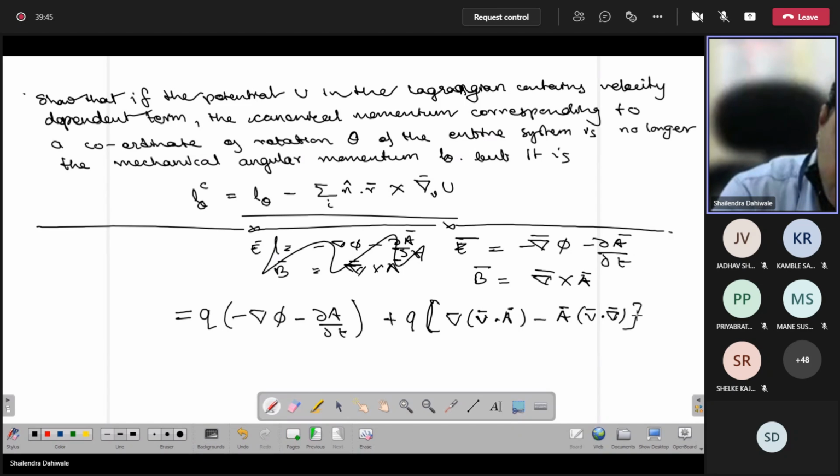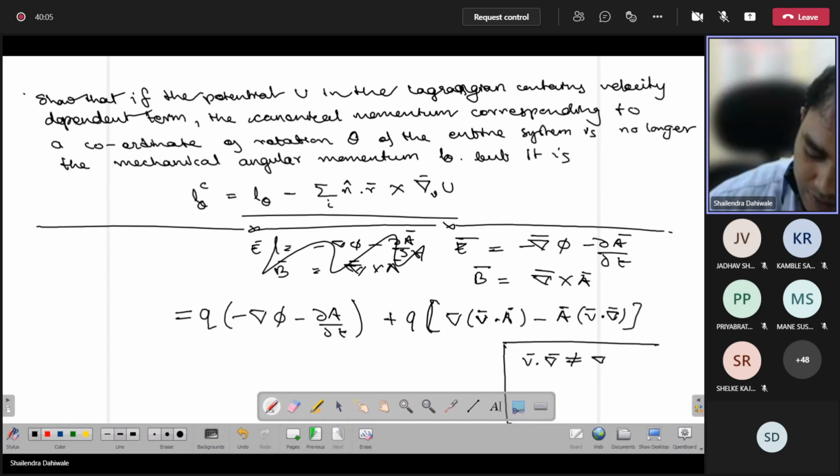Remember that this v dot del is not equal to del dot v. This term is actually a scalar.